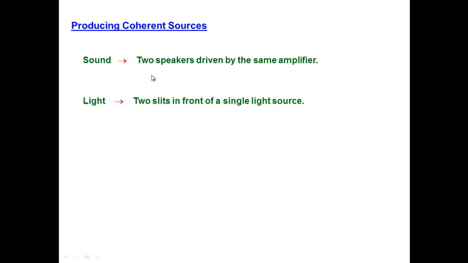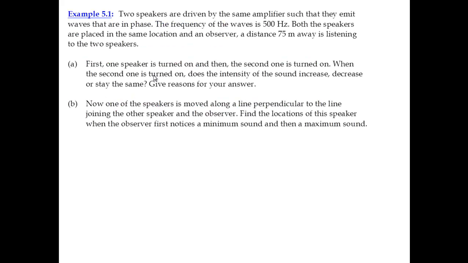Okay, so that's good enough as an introduction to this topic of interference. And in class, we'll go over an example that looks like this. It deals with two speakers being driven by the same amplifier and emitting waves that are in phase. And that's what we mean by coherence. We're given the frequency, the speakers are placed in a certain location, and an observer 75 meters away is listening to the two speakers.